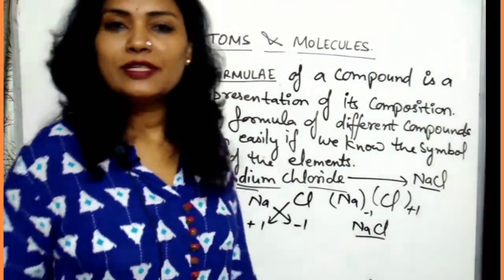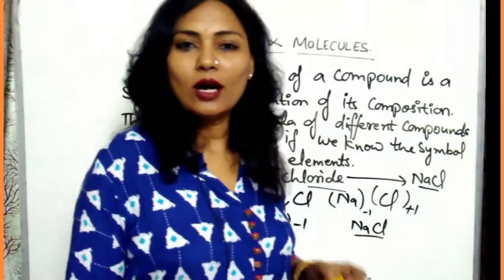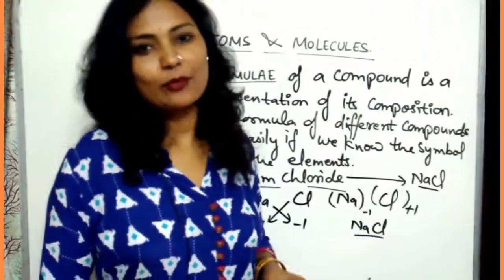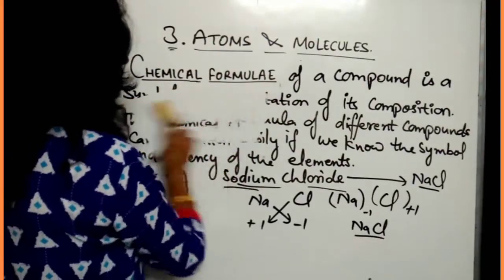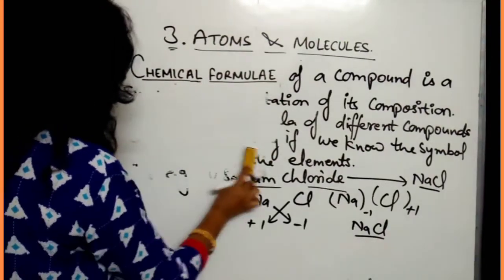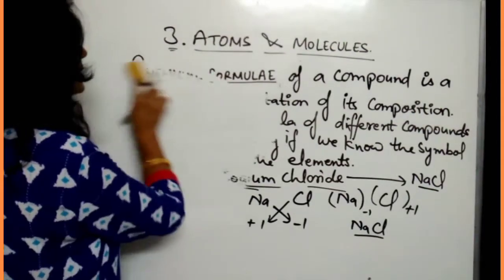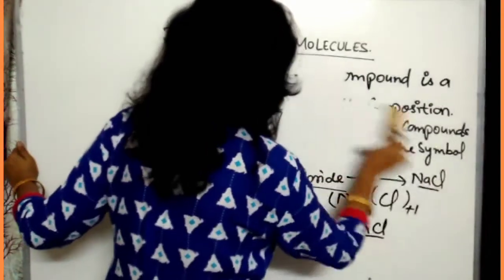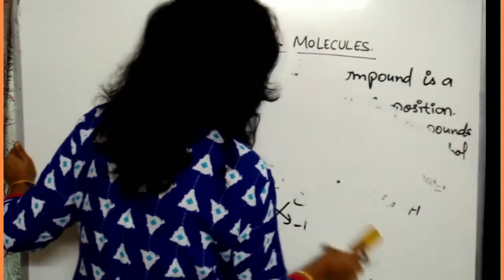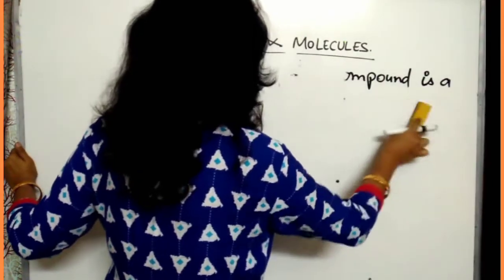Now I want to discuss the chemical formulas of different compounds. So how will we make these chemical formulas? Please concentrate here. First we will write the chemical formula of water. You know what is the formula of water? It's H2O. How it is formed, that we will write. Okay. Do you know what is the formula of ammonia?